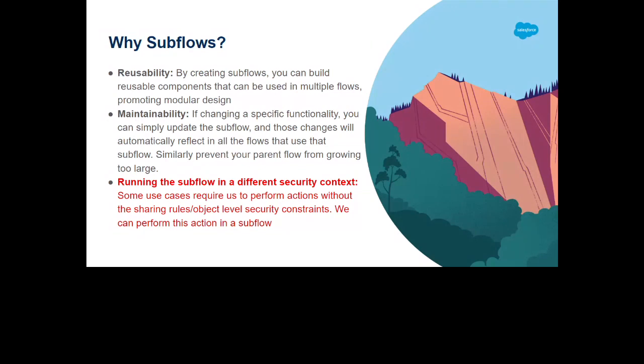So sharing settings and object level security is enforced as the running user. But in some cases, we might want to bypass that if the triggering user does not have access to certain objects or does not have access to certain records, but we want to perform those actions. So we can call a subflow inside a record triggered flow in system mode, and that will allow us to have that access.